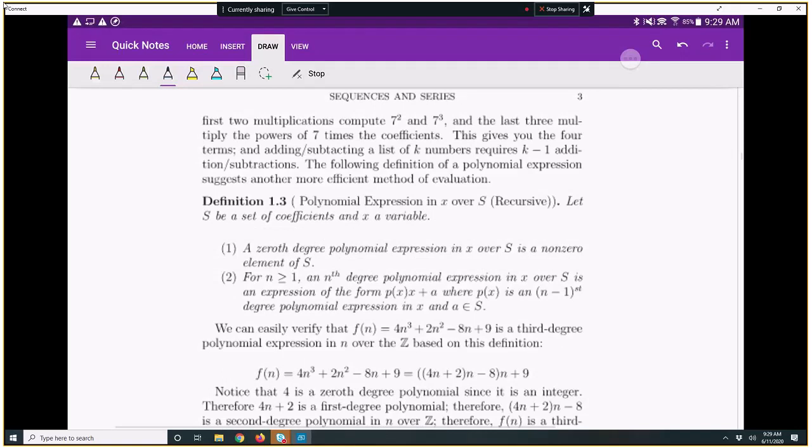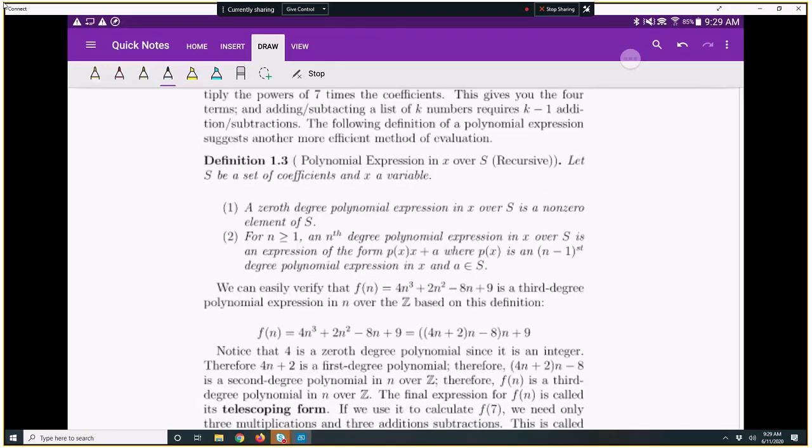So instead we could define a polynomial recursively. A 0th degree polynomial in x over a set of coefficients s is a non-zero element of the set.